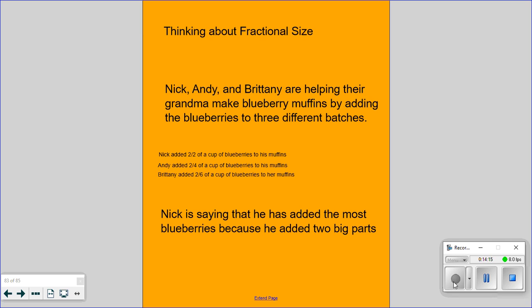I think Nick is right because, like, split it into 2/4, you have to chop it up more, but just 2 halves is just 2. So he's adding 2 halves of a cup. So 2 1/2 cups, less than like 2/4 cups.